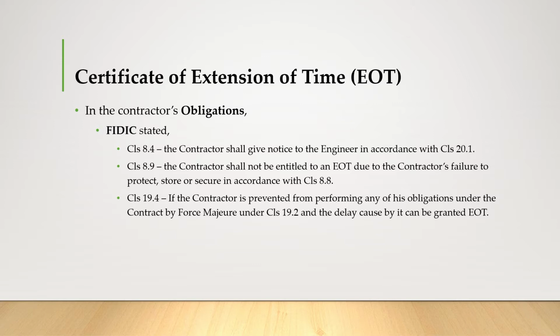In clause 19.4, if the contractor is prevented from performing any of his obligations under the contract by force majeure under clause 19.2, the delay caused by it can be granted EOT.